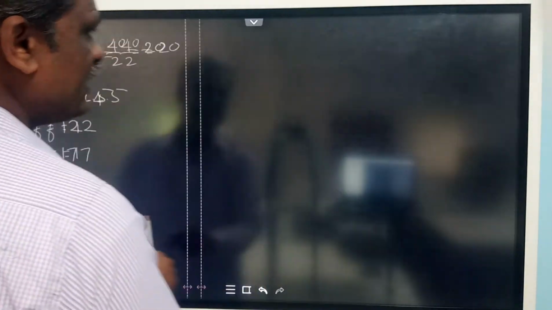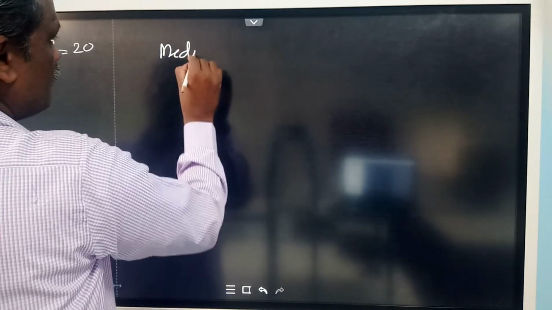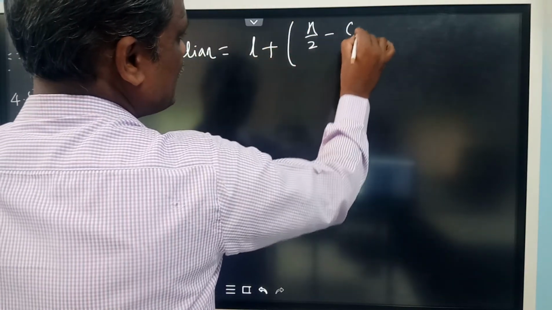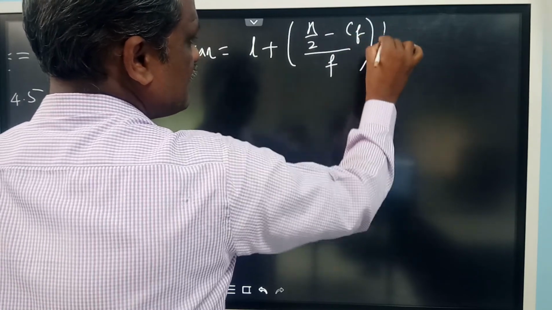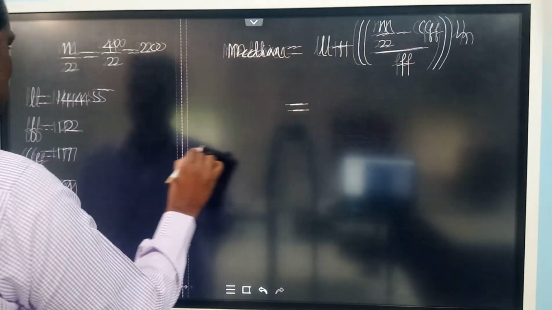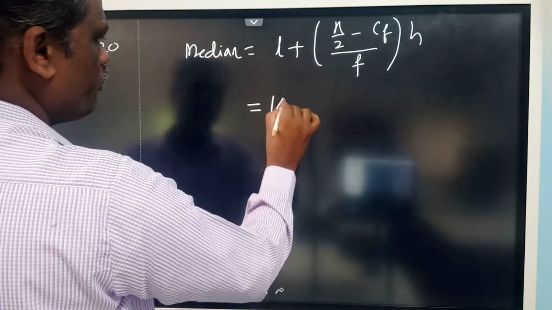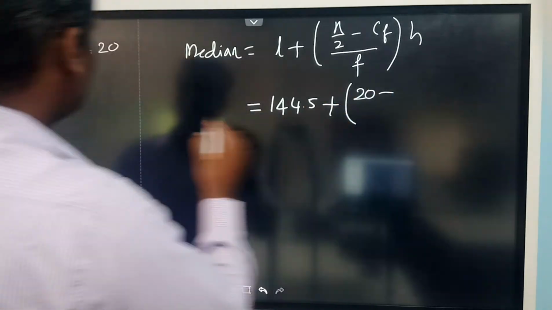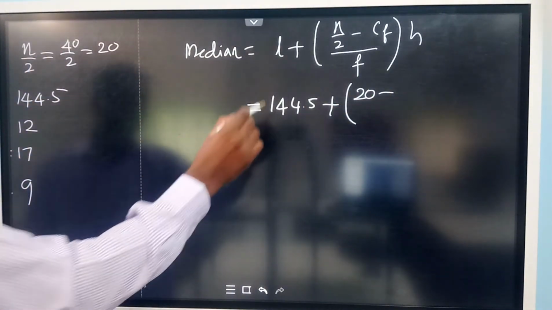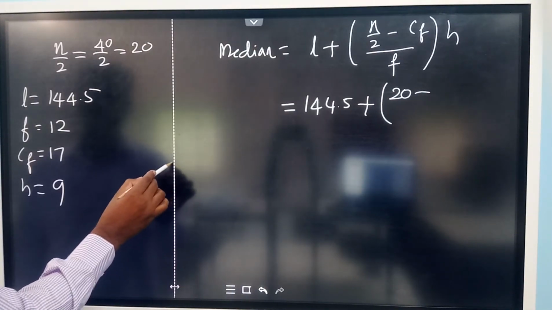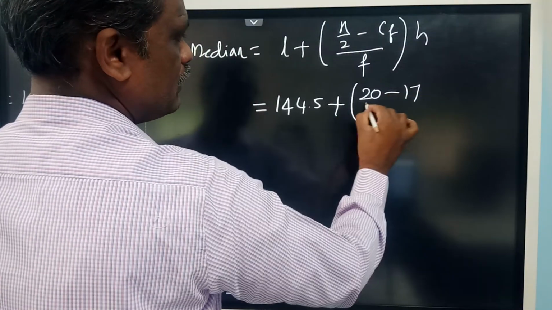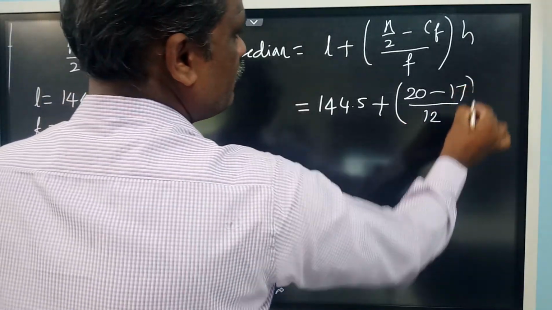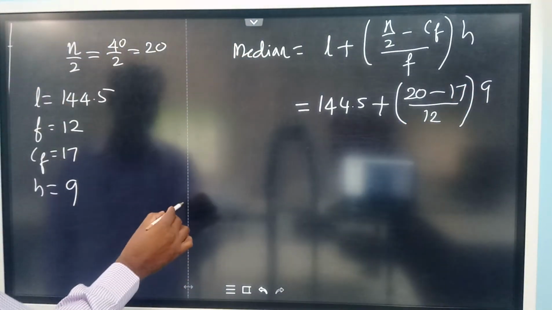Formula to find the median here: lower limit plus n by 2 minus CF divided by F into H. Lower limit of this median class is 144.5 plus n by 2, it is 20, already done, 40 by 2, minus CF, cumulative frequency you can see 17, divided by F here 12, into 9. Size of the class interval here is 9.